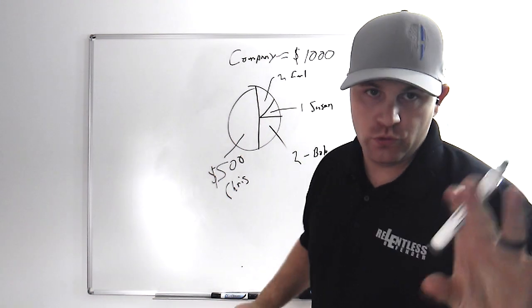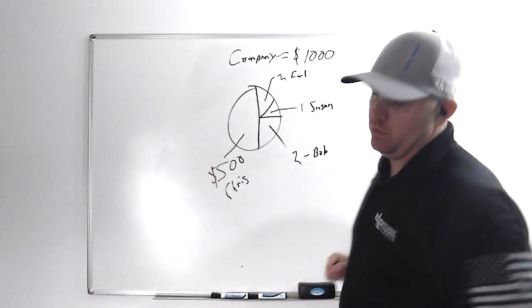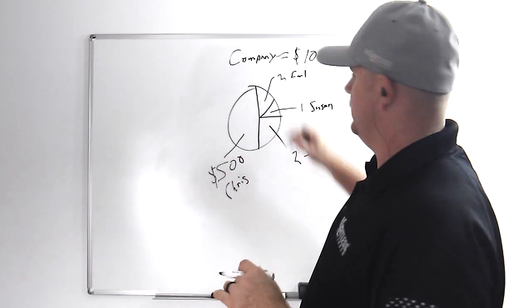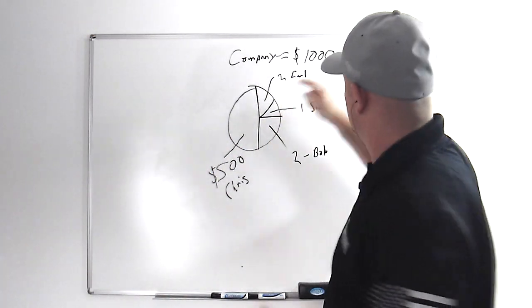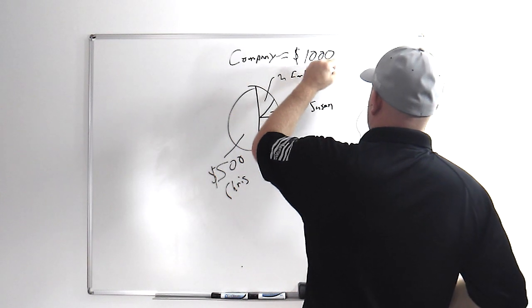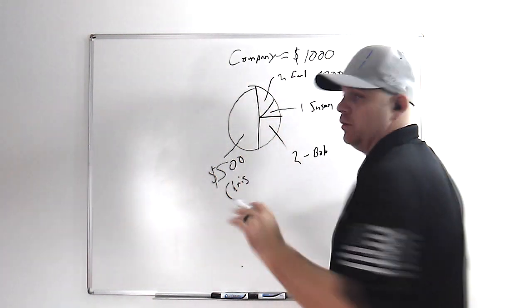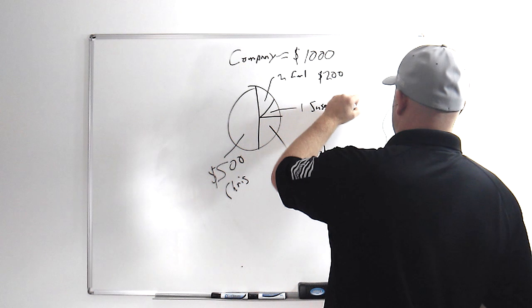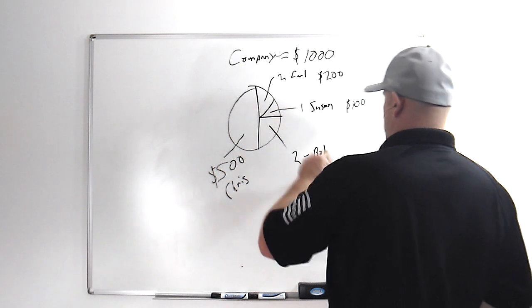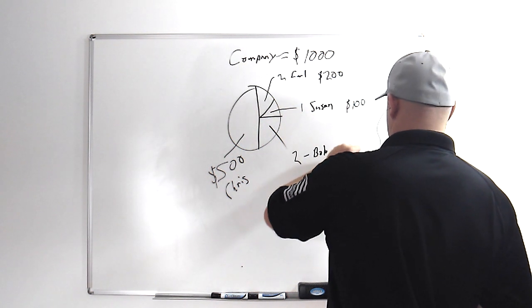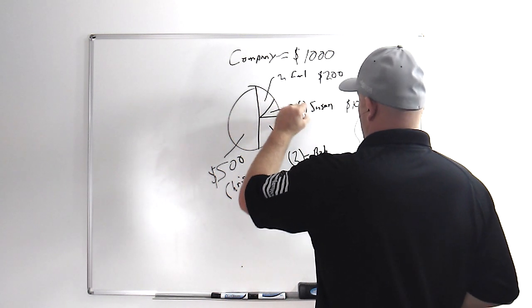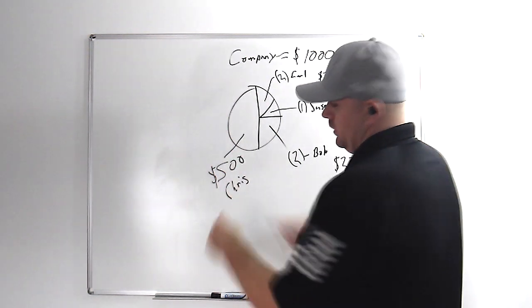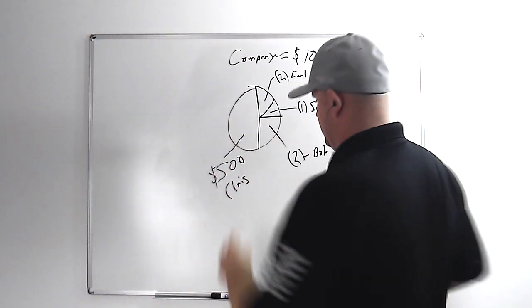Carl and Bob own 2, Susan owns 1. What would the price of their shares be worth? You would total $1,000. Carl's would be $200, $100 each. Susan's is $100, and Bob's value is $200. 2, 1, 2, and mine would obviously be 5.